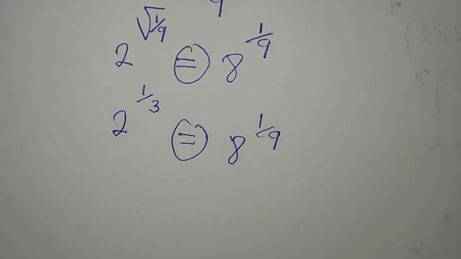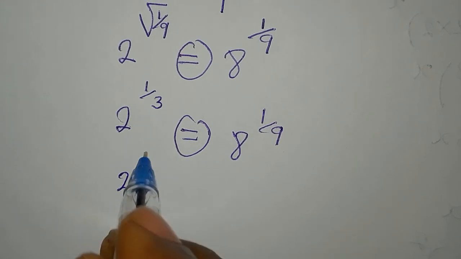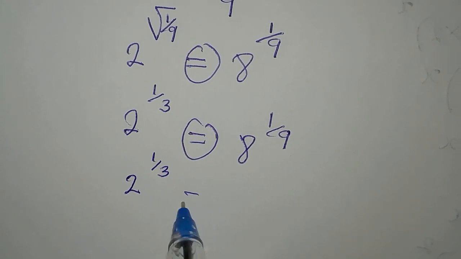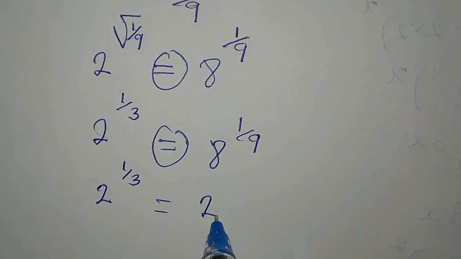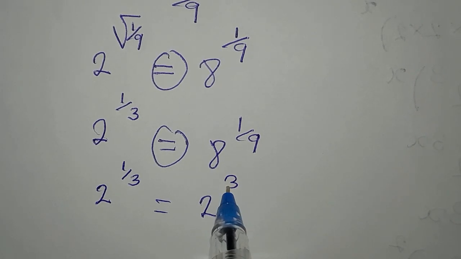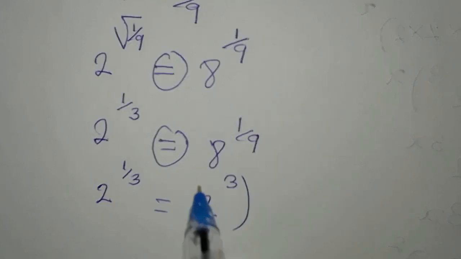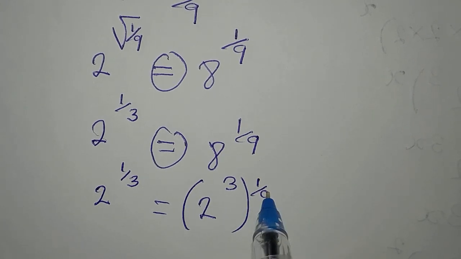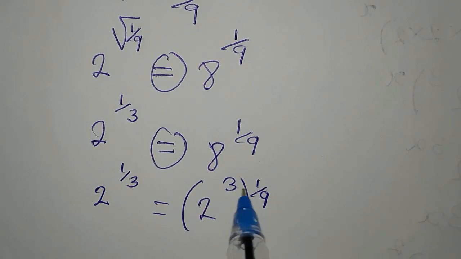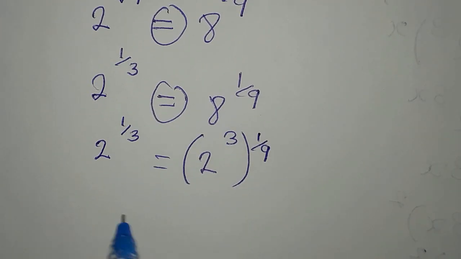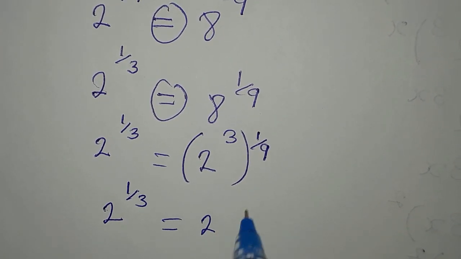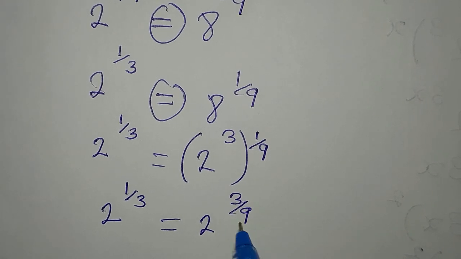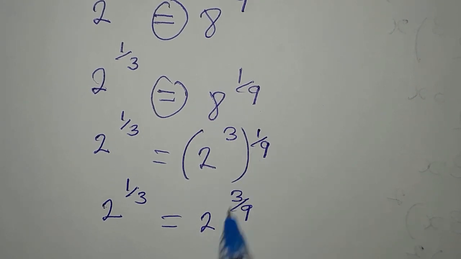By the way, let's work on 8. This is 2 to the power of 1 over 3. Now, on the other side, 8 is the same as 2 to the power of 3. Okay, so this will now be raised to the power of 1 over 9. And since we are going to multiply, let me multiply that. 2 to the power of 3 over 9, because if you multiply 3 by 1, it gives you 3, and the 9 goes under.